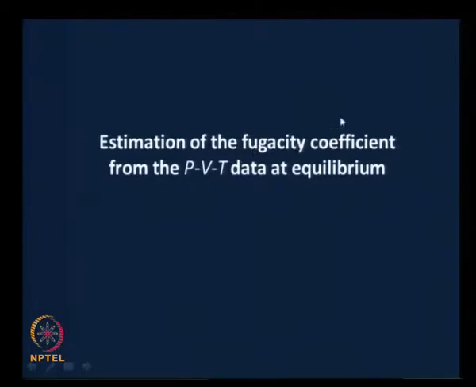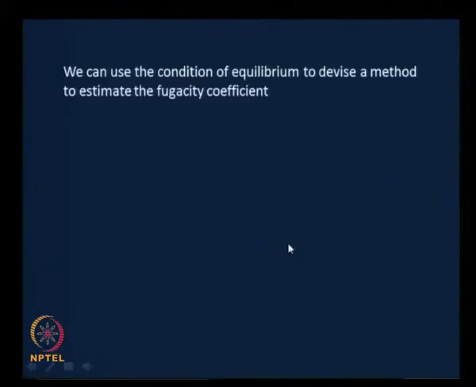Note that we have already seen a method of estimating the fugacity coefficient at the end of a previous module, and this is going to be another method from the PVT data at equilibrium. So, we are going to use the condition of equilibrium to devise a method to estimate the fugacity coefficient.